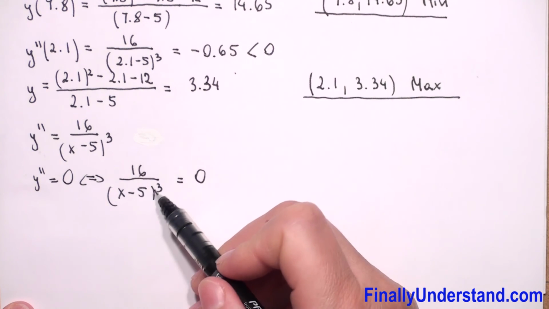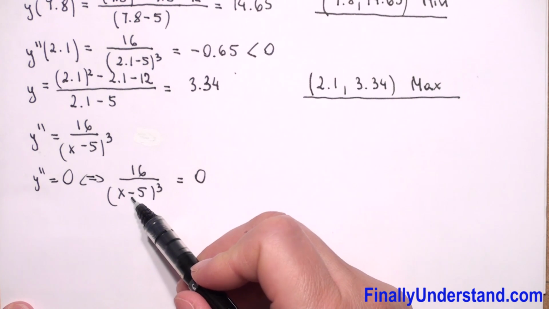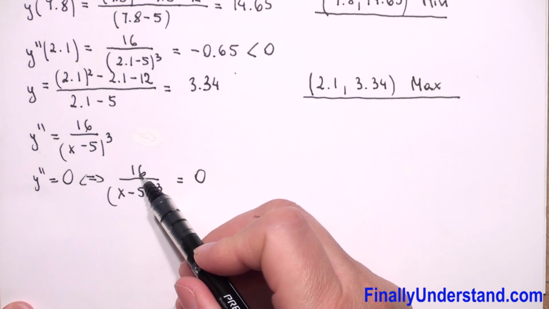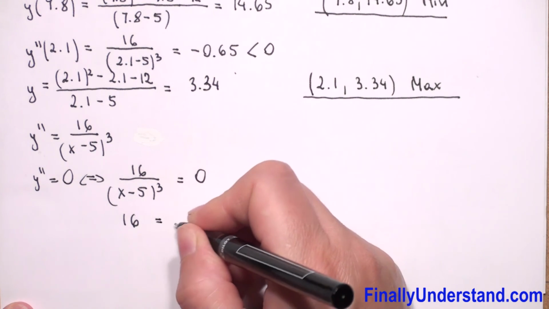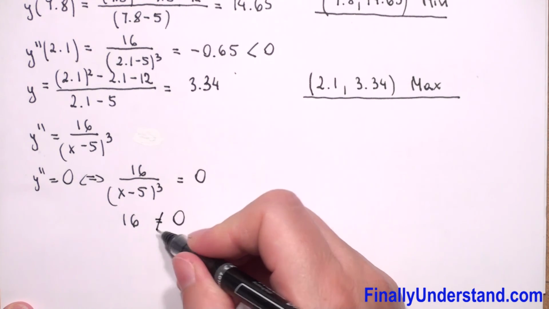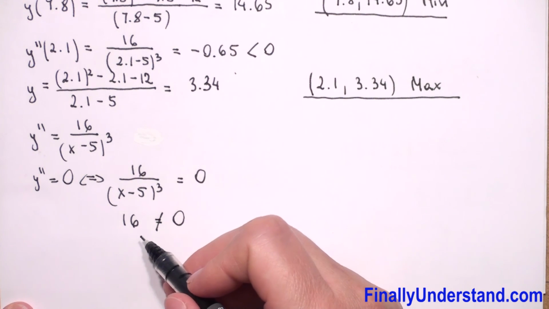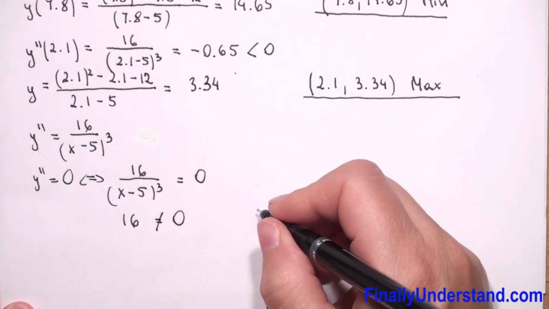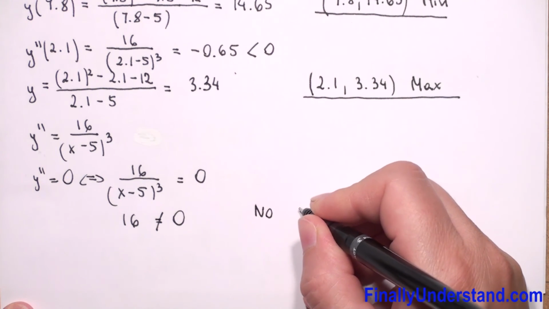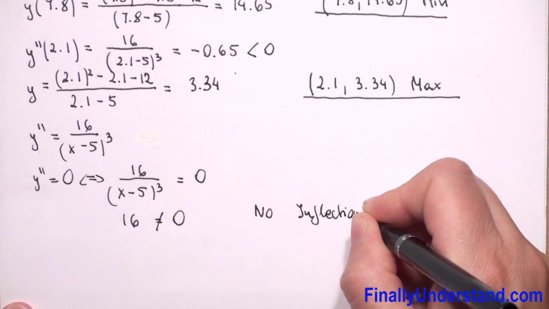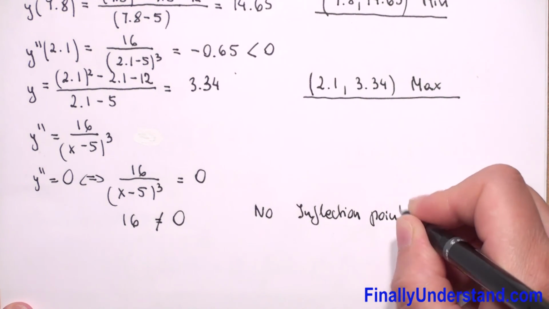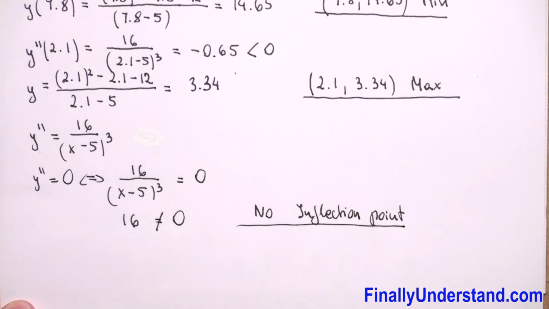On the left side we have a fraction. The numerator cannot be 0, so we have to compare only the numerator. We have 16 should be equal to 0. 16 is different than 0. It means we have no inflection point. Let me write this: no inflection point. This is my solution.